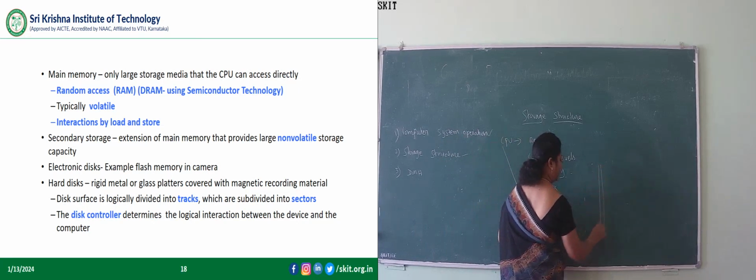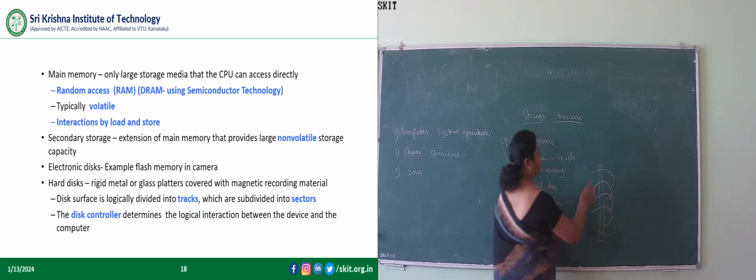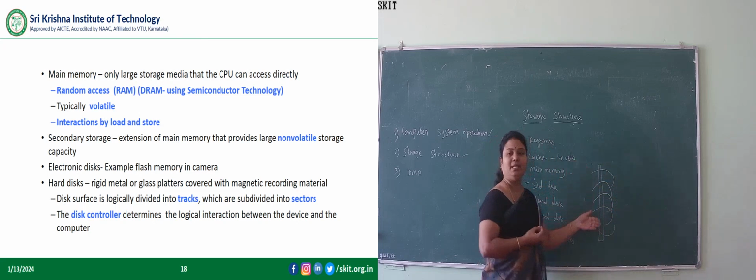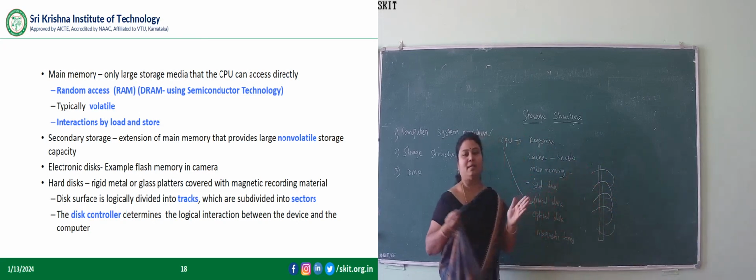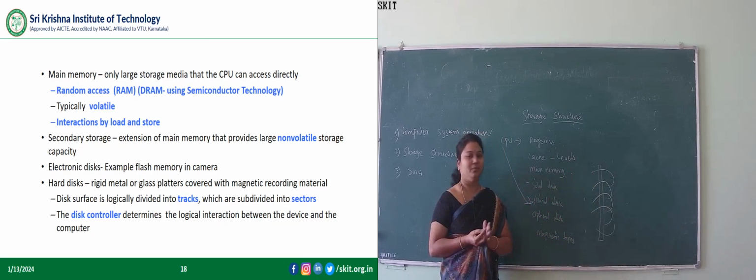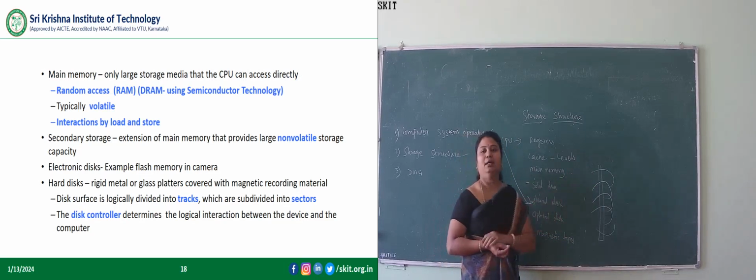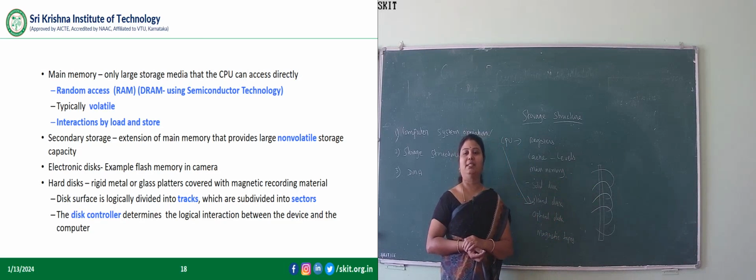One spindle will be there in the center. Then n number of plates will be arranged. Each one is called a disk, and the collection of disks will form the hard disk, and they will be rigid metal or glass plates covered with a magnetic recording material, okay.